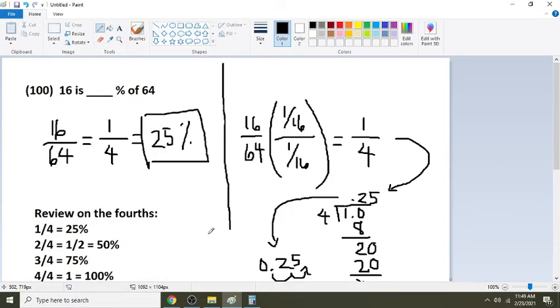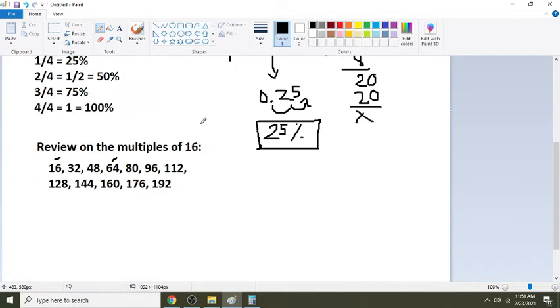Alright, now let's try to do this using algebra. We're going to put this into an algebraic statement or equation: 16 is what percent of 64?